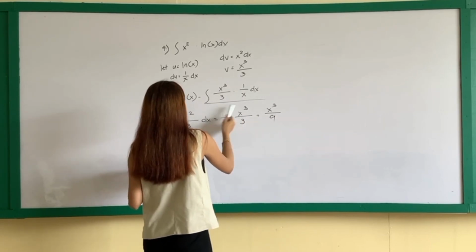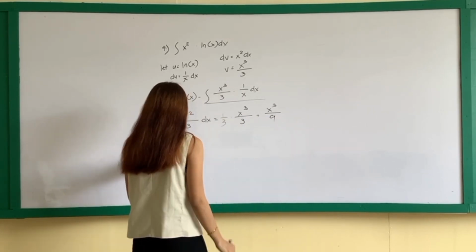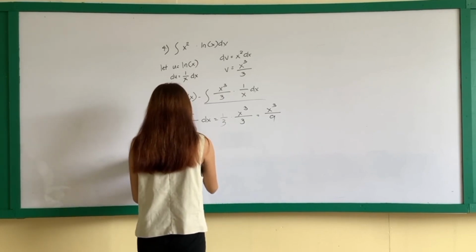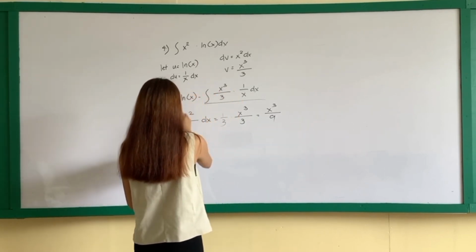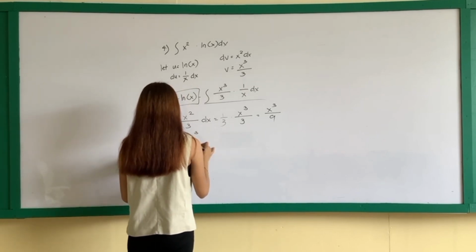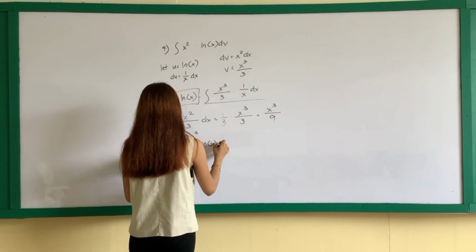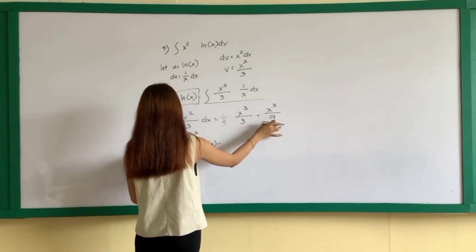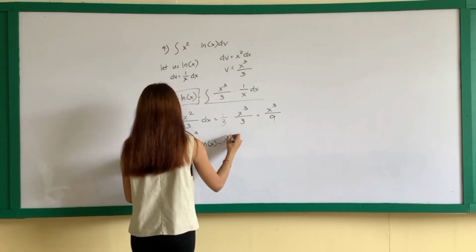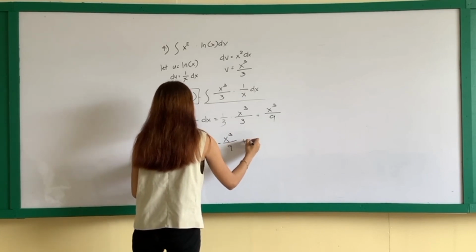And our final answer is x cubed over 3 ln x minus x cubed over 9 plus c.